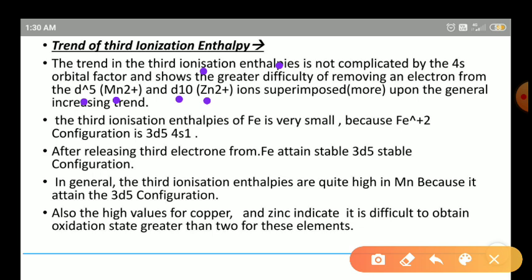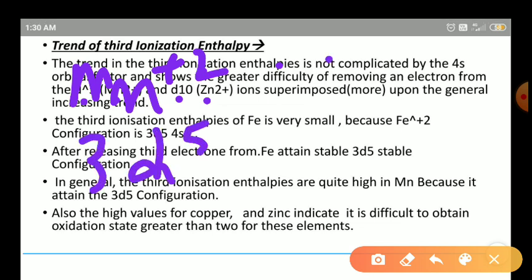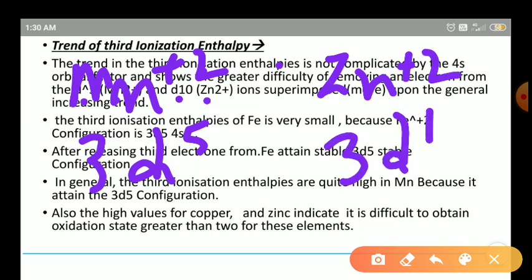Sure. So manganese +2 attains the 3d5 configuration, and zinc +2 attains the 3d10 configuration. It means the removal of the third electron from the manganese ion is very difficult because it is completely stable.